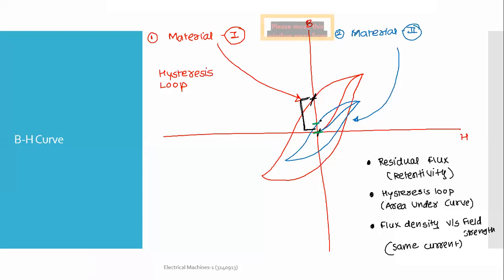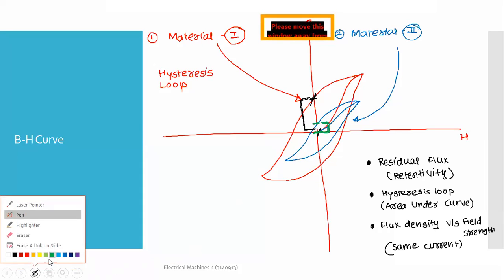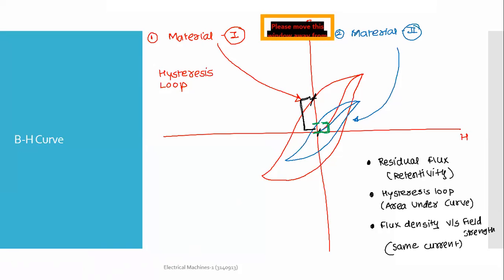So which material will store more flux when the magnetic field strength is again zero? When you reduce current to zero, which material will store more flux in the core? One or two? One, sir. Correct. So material one has better retentivity.